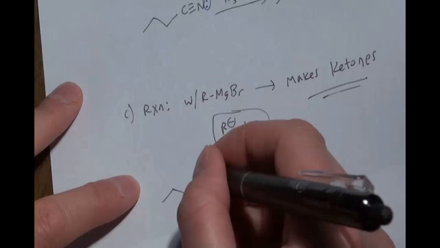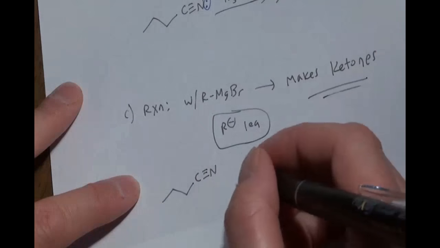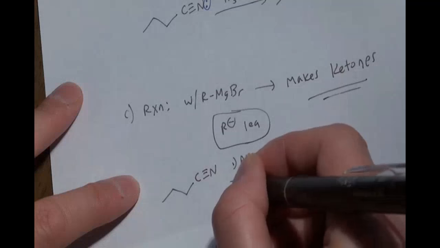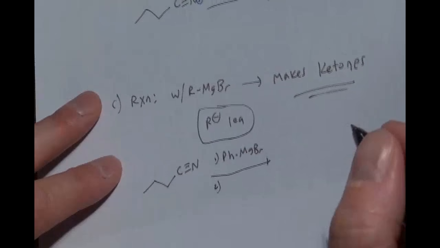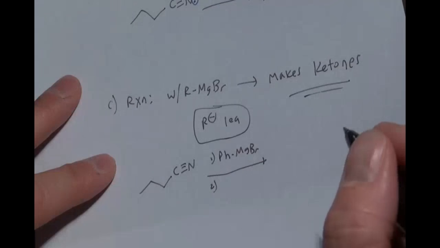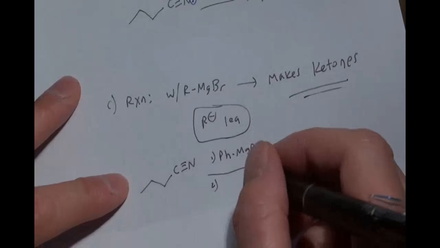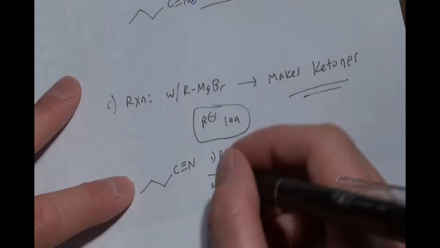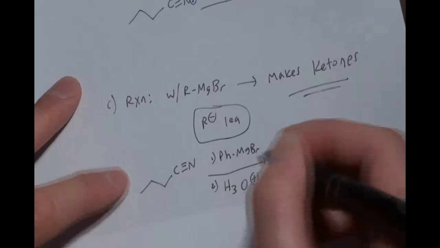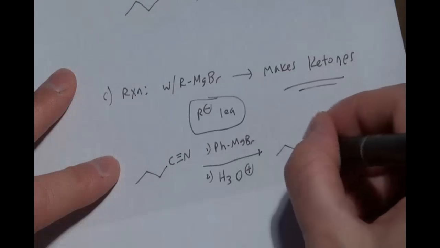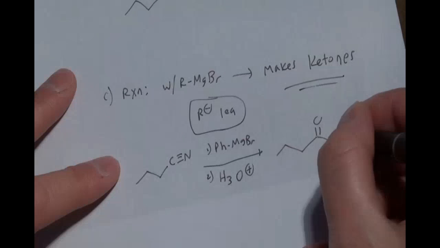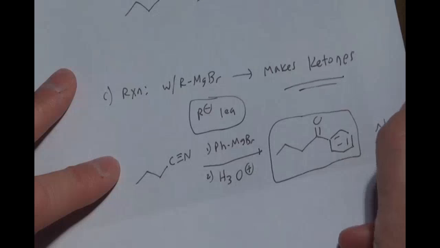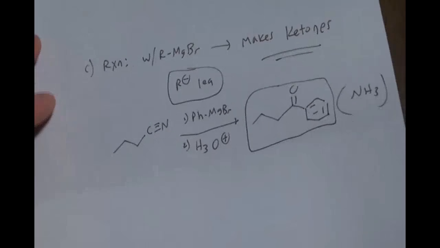It's pretty straightforward. How about we react with a phenyl Grignard, and then we're going to use H3O plus as our second step. Net result, got a ketone now. And you're going to make some NH3 as a byproduct of this.